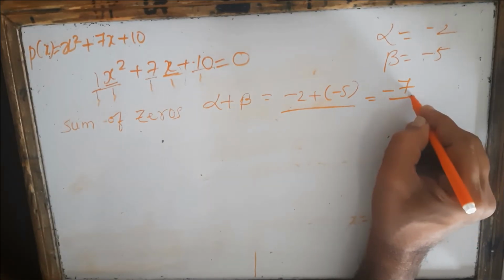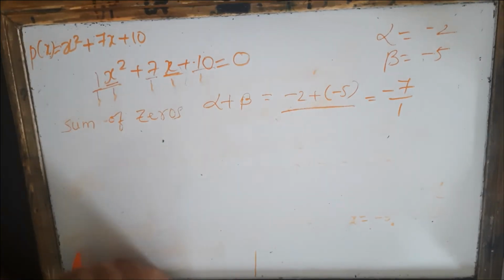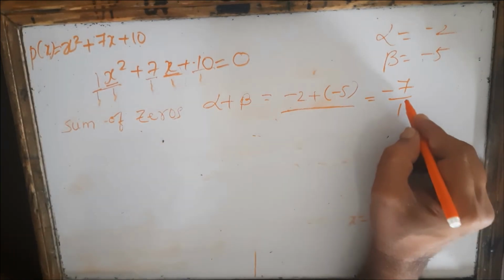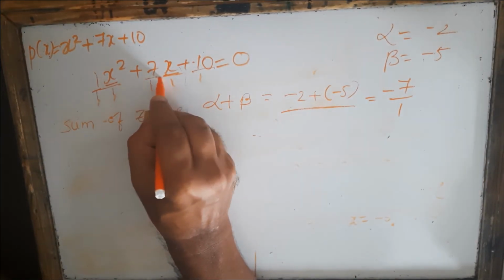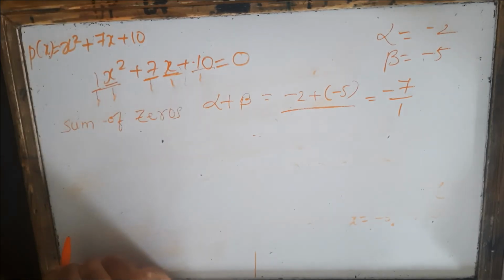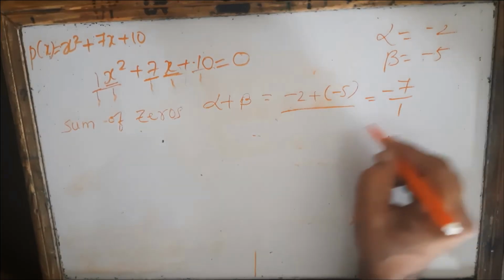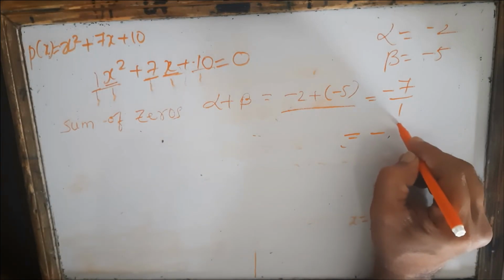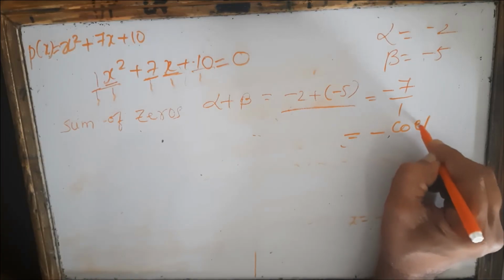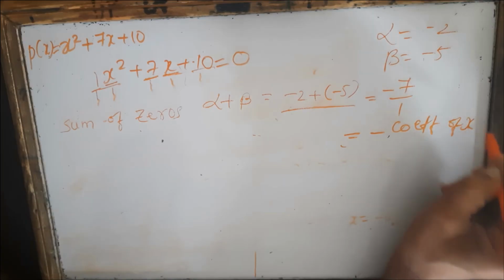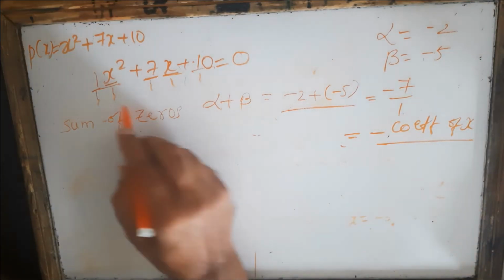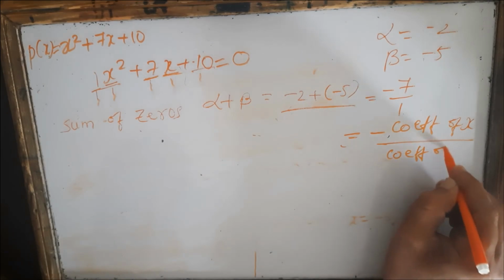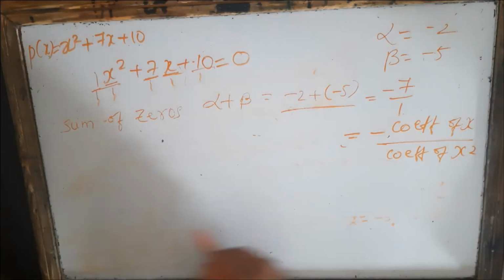If you divide this by 1, that means minus 7 is minus of this. That means minus 7 is the coefficient of x, and 1 is the coefficient of x square.